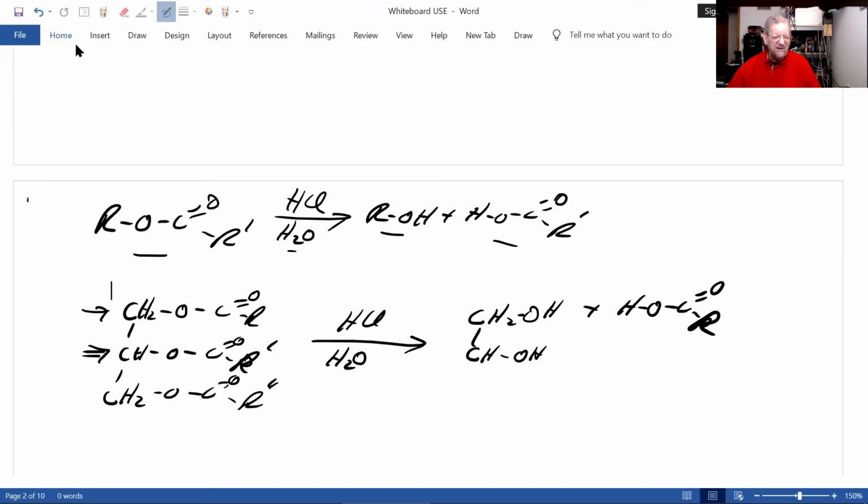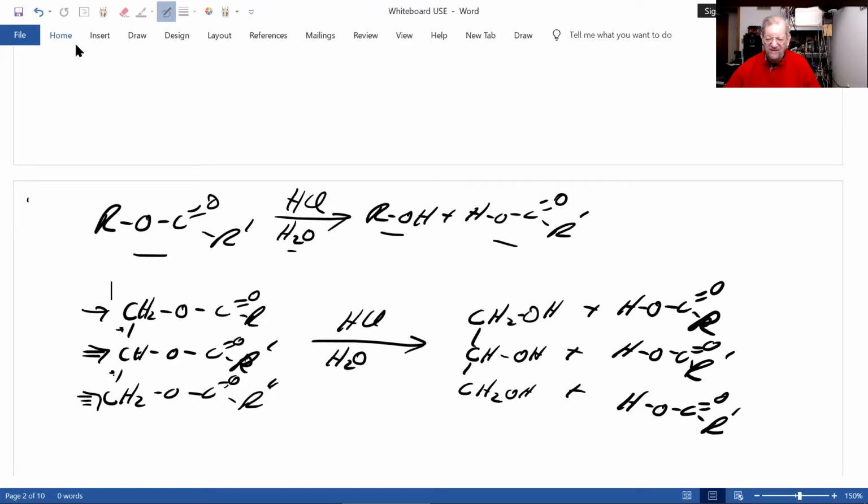Remember, you don't break carbon-carbon single bonds, so these stick around, plus this carboxylic acid. And the final ester, ester number 3, you'll get this alcohol plus this carboxylic acid. And this alcohol, a trihydroxy compound, has a common name, glycerin.